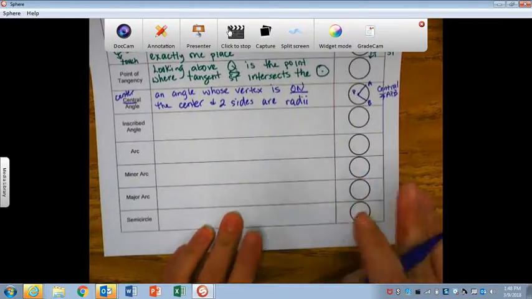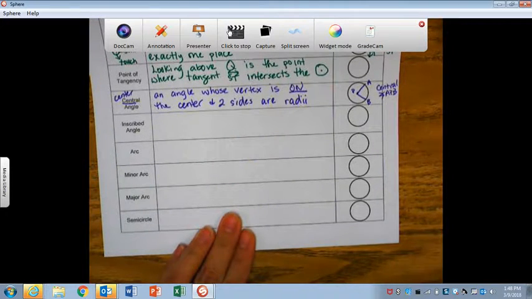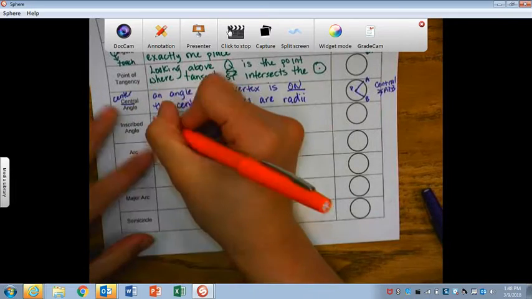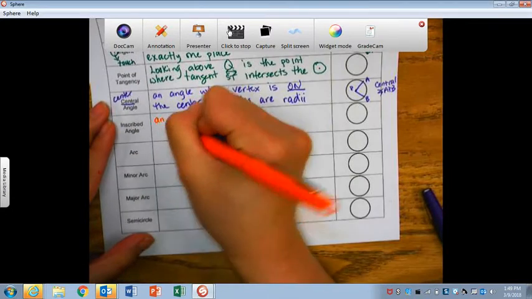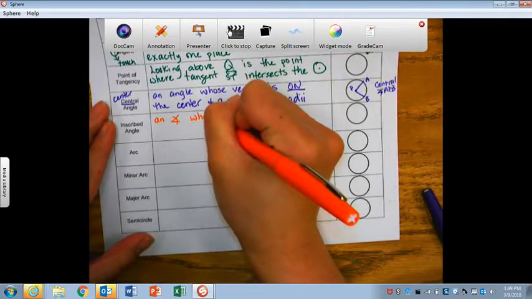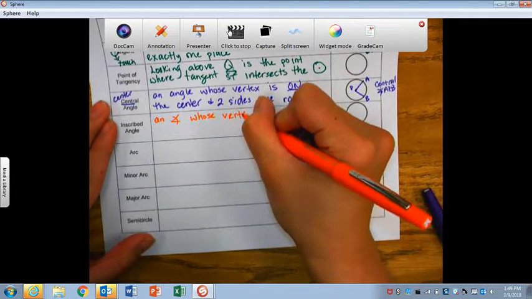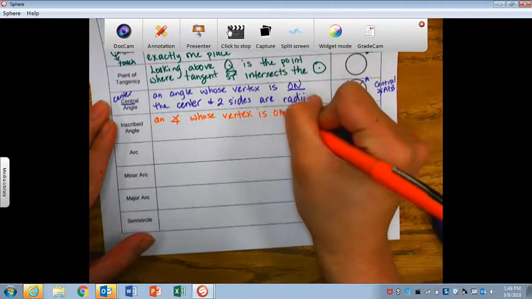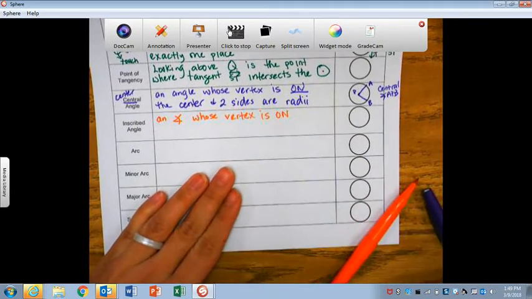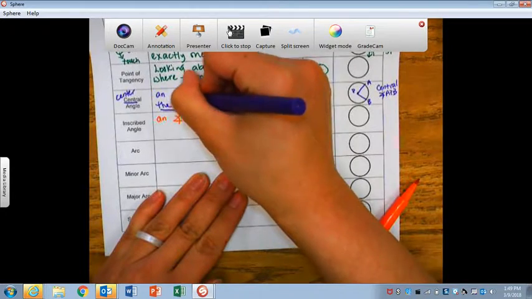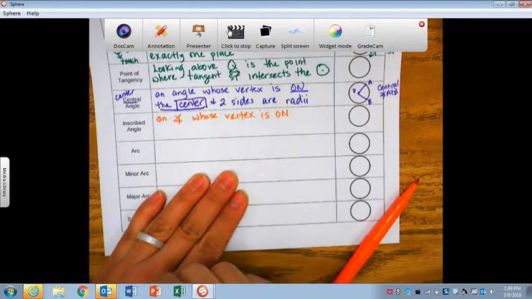Inscribed angle. An angle whose vertex is on, and I'm going to make sure, on the center for the central angle, I'm going to highlight that instead of just on.